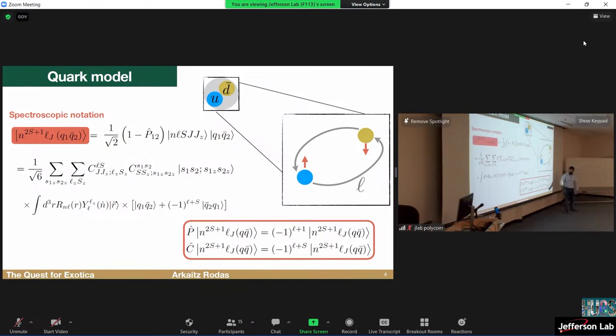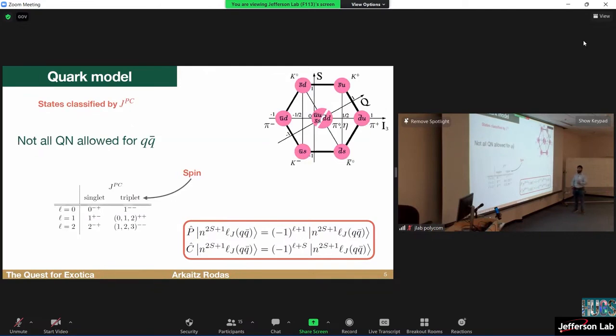If we do that for charge conjugation, which flips the particle to its antiparticle, right, we're going to recover a (-1) to the L for the angular momentum and another (-1) to the S for the total spin. So the message to take home is, if we build mesons using a quark model, not all quantum numbers are allowed.